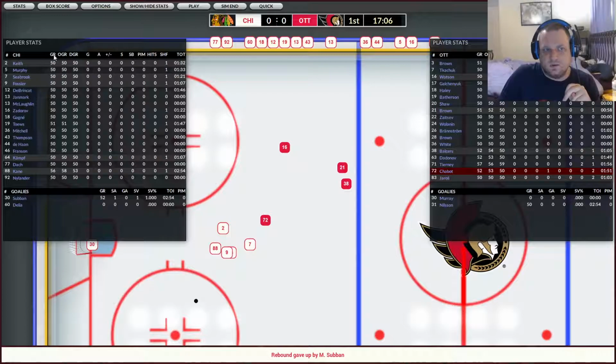So basically, an overall game rating for the player, and then offensive and defensive game rating. So basically, how did the player play overall, and how did the player do offensively and defensively. Every player, whenever they start a game, starts at 50 for that particular game, and then the ratings fluctuate depending on the type of game that a player has.